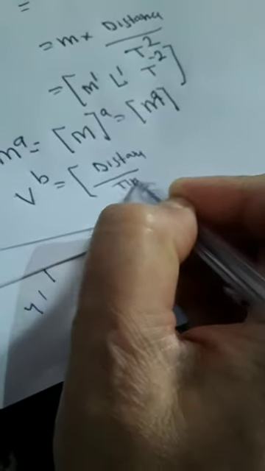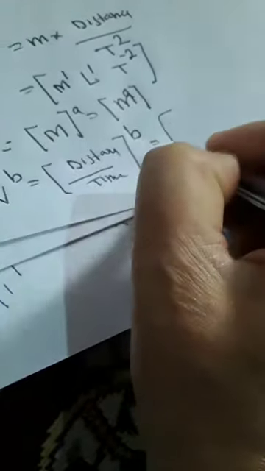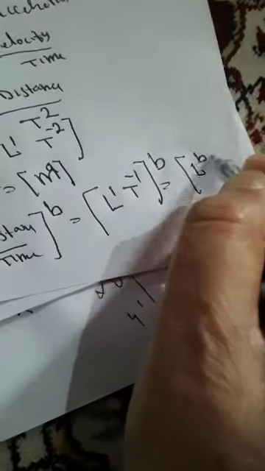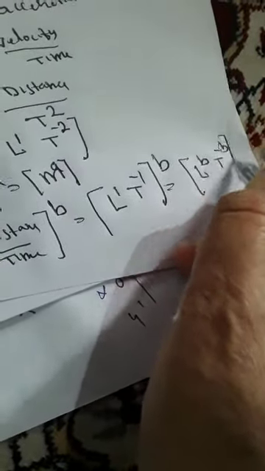Velocity is equal to distance divided by time, so it is L^1 T raised power minus 1, all raised power b, which becomes L^b T raised power minus b.